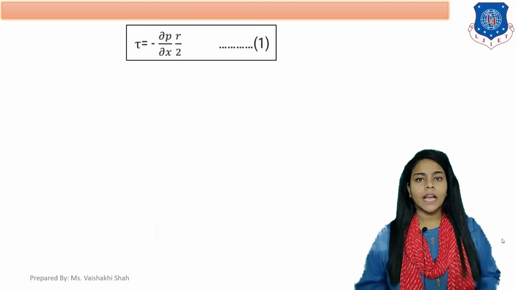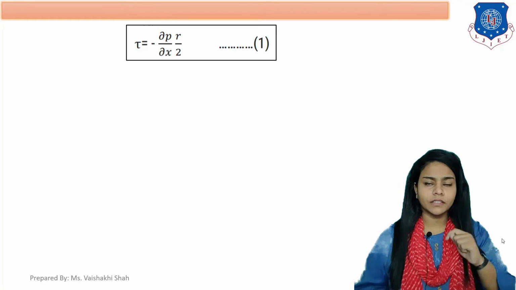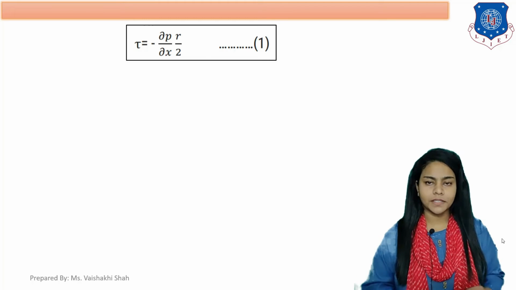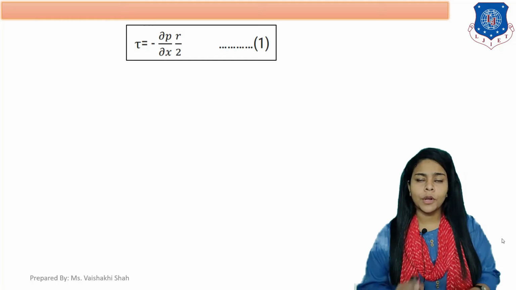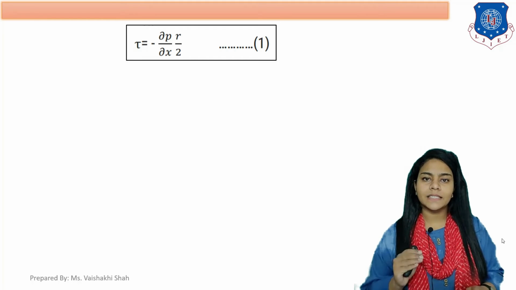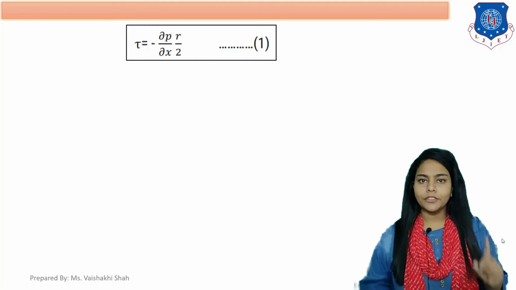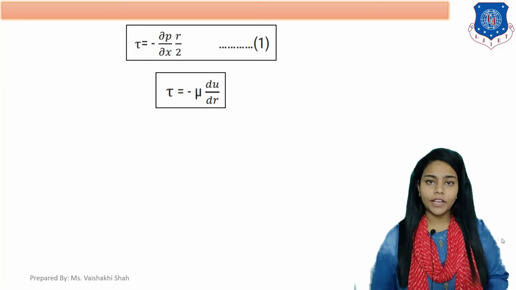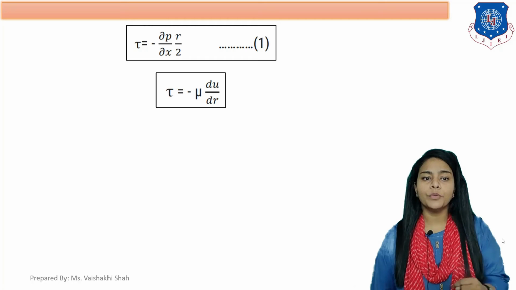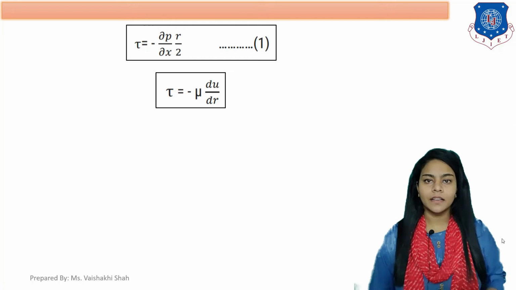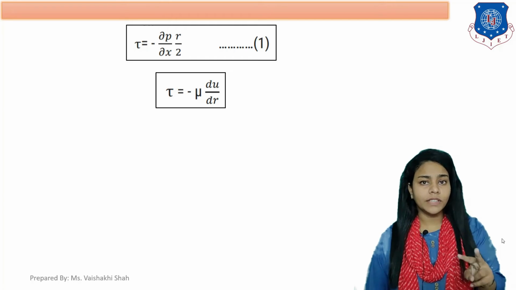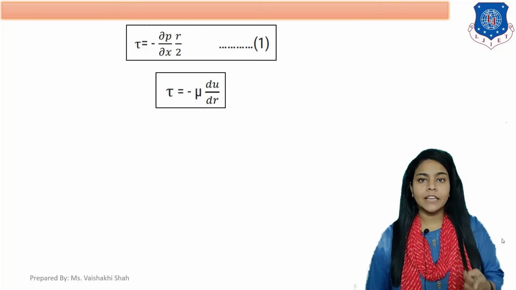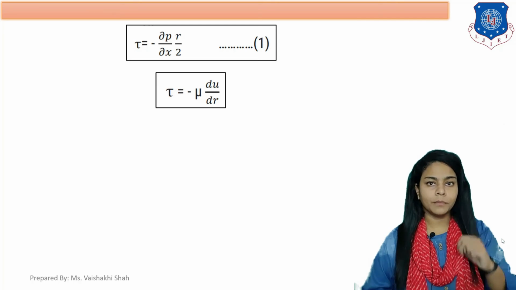The equation number 1 is for tau. Here tau is called shear stress. So tau equals minus del P by del x into r by 2. That was your equation number 1. We again derived that tau equals minus mu into du by dr. We derived both equations for tau, so you can place the value of tau in equation number 1.